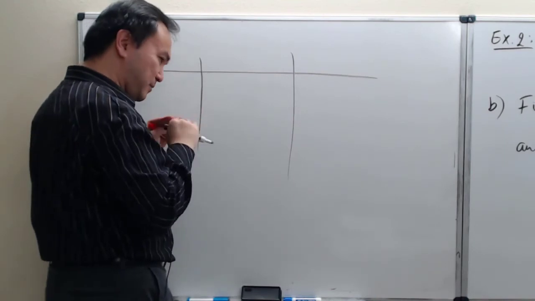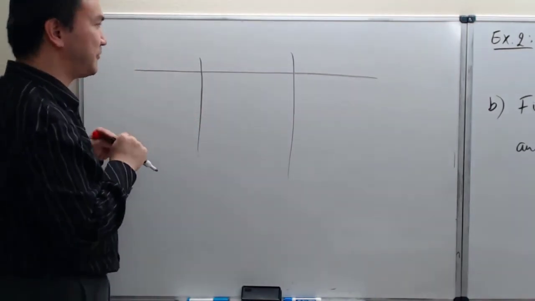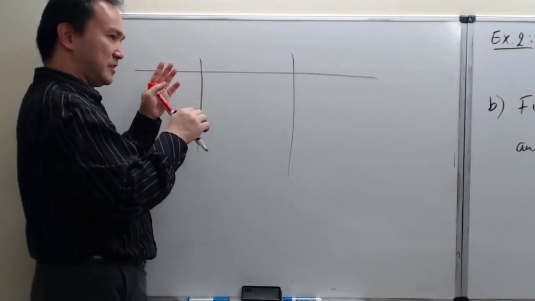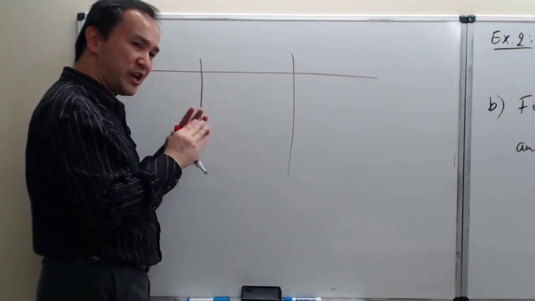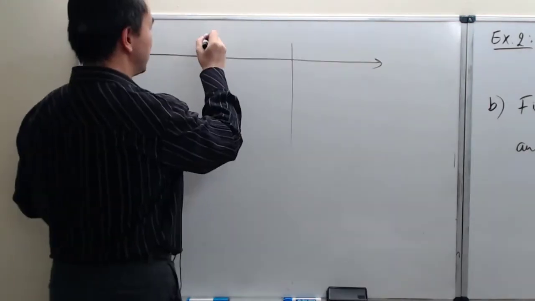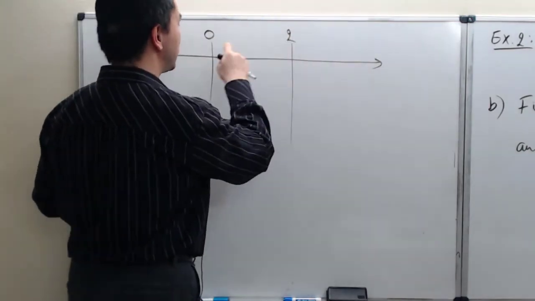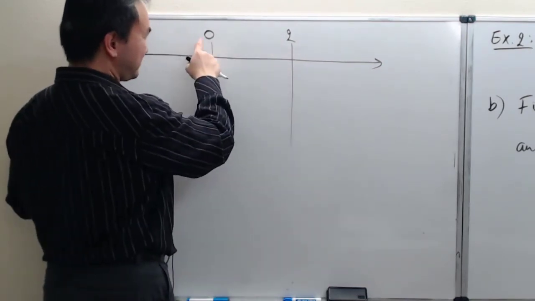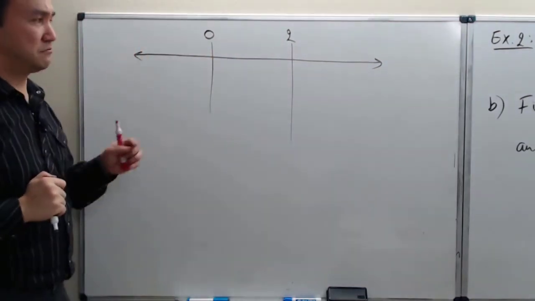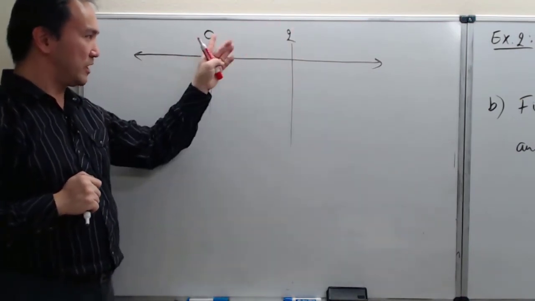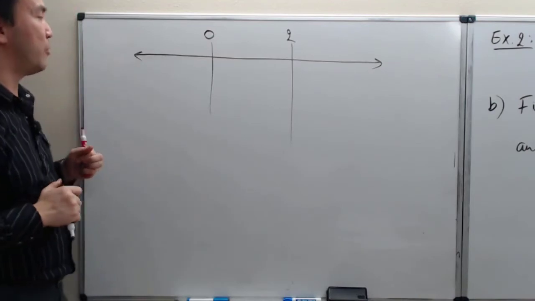Some viewers may easily confuse them with the critical values, but the sign chart on its own is just a way to check the signs of any expression. The values 0 and 2 are the x values of our inflection points, not the critical points.